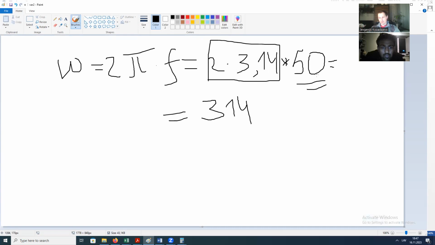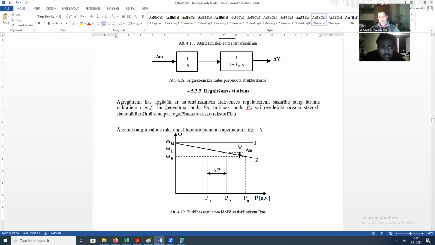So really it's a frequency. So the difference in frequency means the difference in power. This curve shows this difference, and these curves let us regulate our generator.